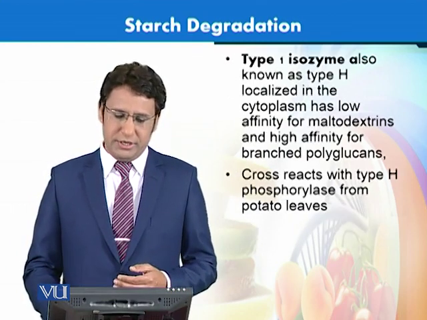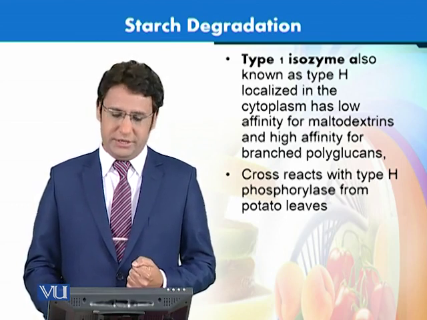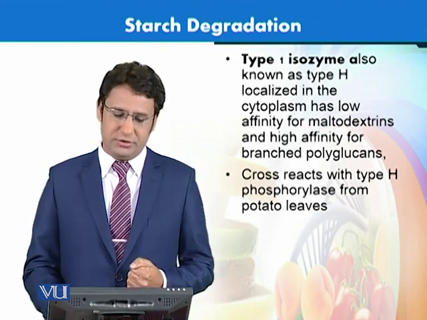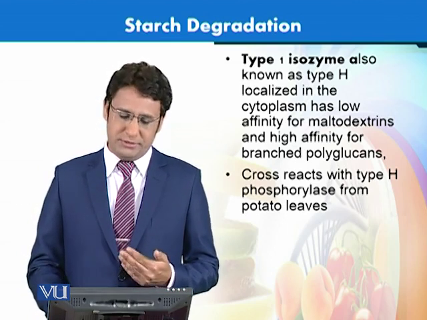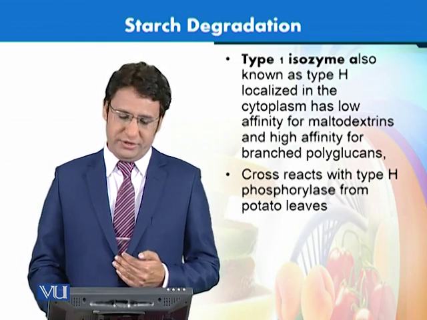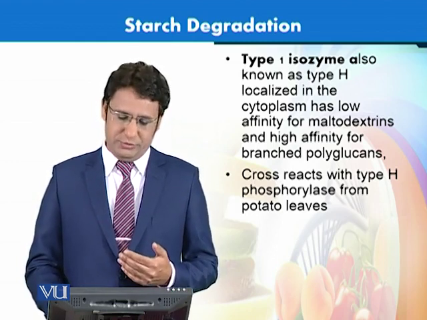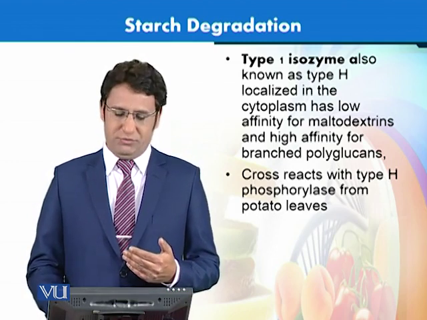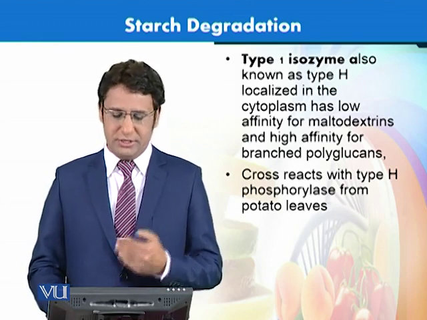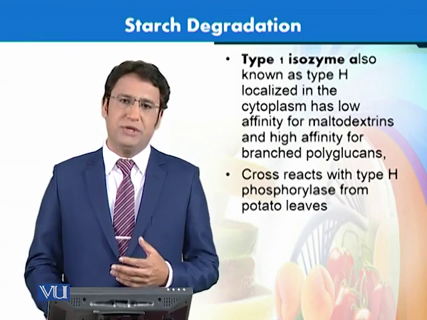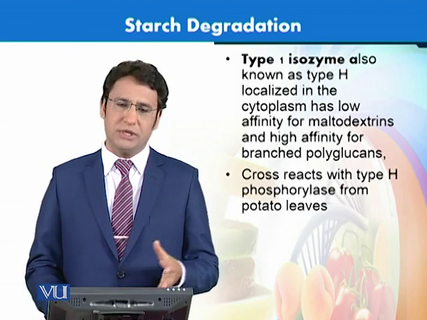We know that there are two types of these enzymes. Type 1 is also called type H. This is an isozyme present in the cytoplasm, with lower affinity for maltodextrin and higher affinity for branched polyglucans, and it cross-reacts with type H phosphorylase from potato leaves.